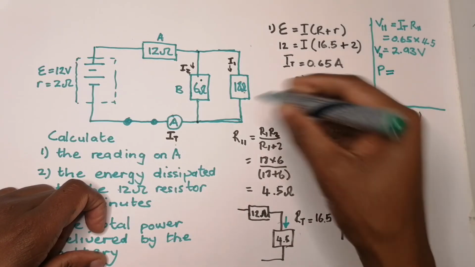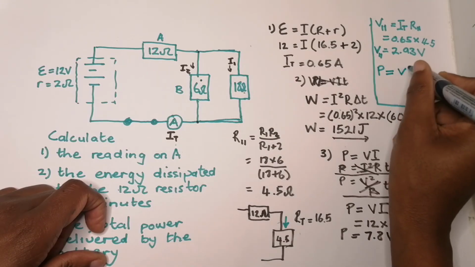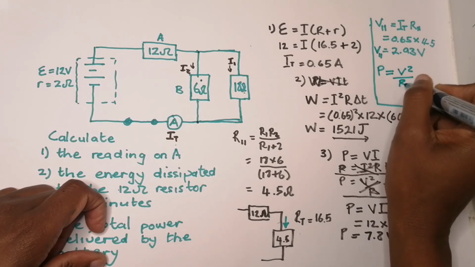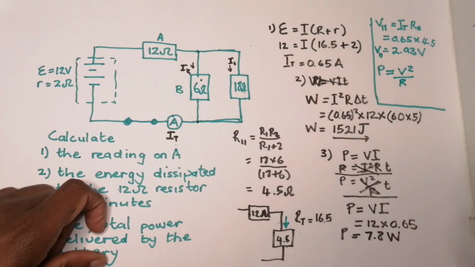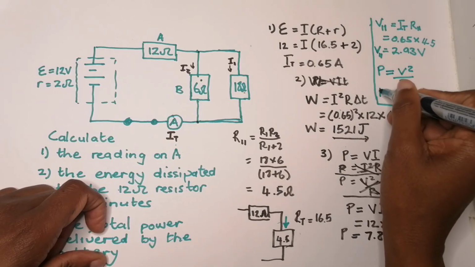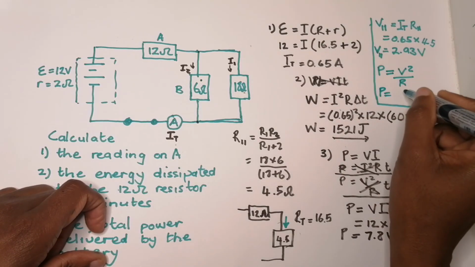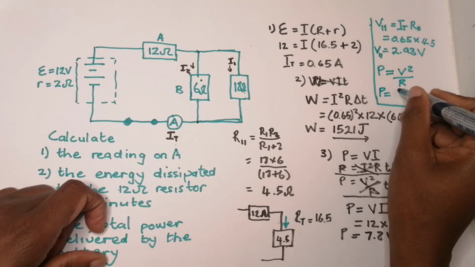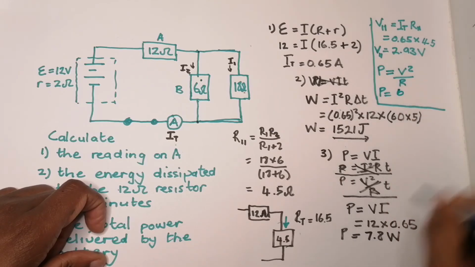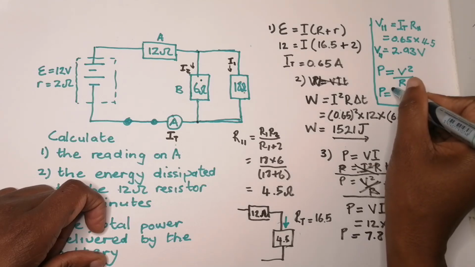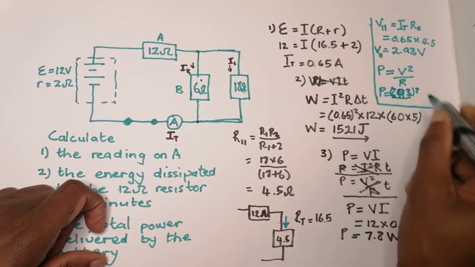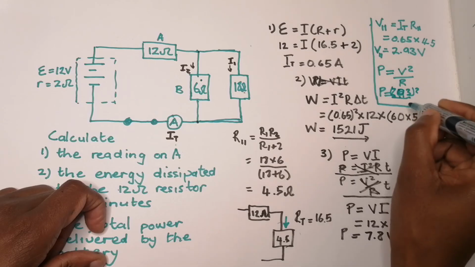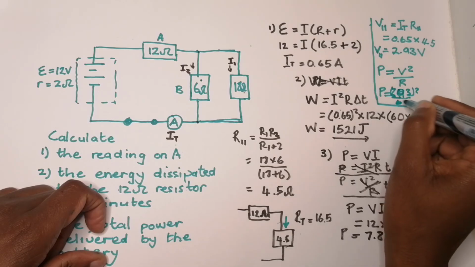So it means I simply say power, I'll take the one that says V squared over R. I'm avoiding the one that would want me to calculate current first. And so as a result, I'll just simply say power would be V squared, so my voltage is 2.93 squared, sorry about that ugliness there, divided by the resistance, which is going to be 6.